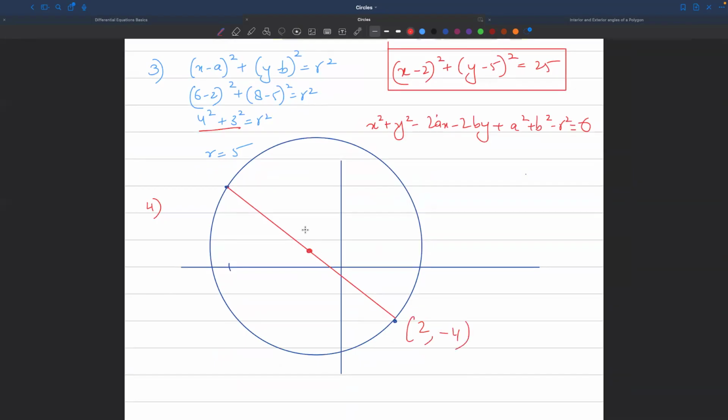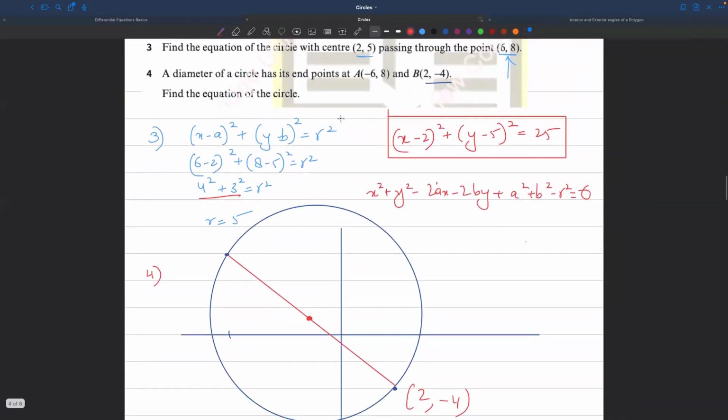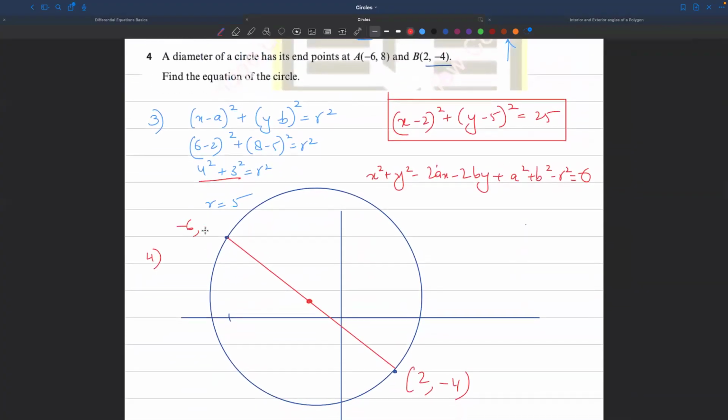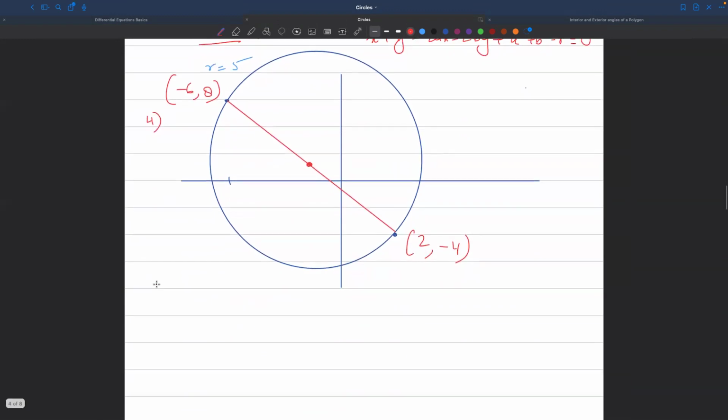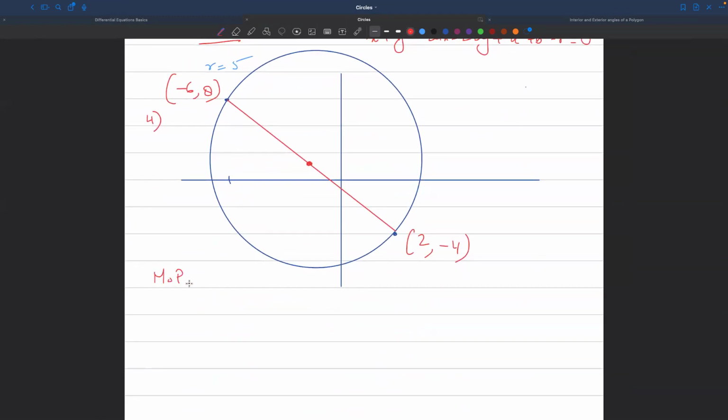I will find the midpoint of these 2 points. It is as simple as this. How do I find the midpoint? That is again very straightforward. x1 plus x2 upon 2. So minus 4 upon 2 is minus 2. 8 minus 4 upon 2 is 2. So I have my center.